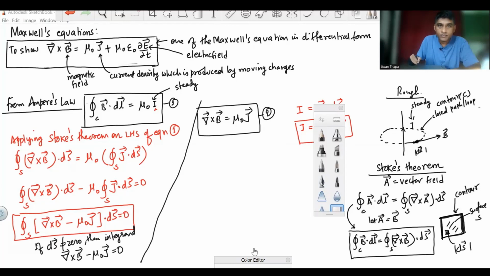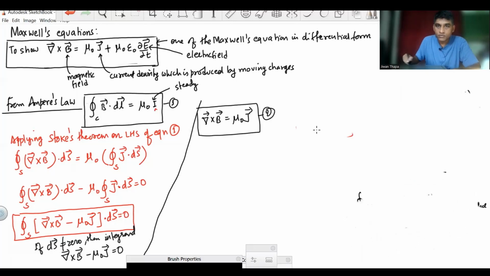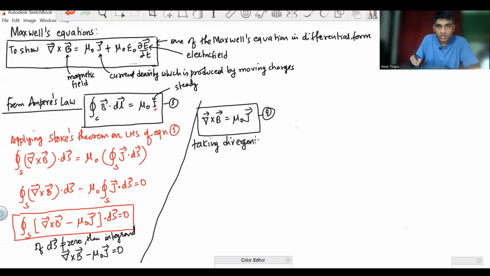So I'm erasing this. Now, taking divergence of equation 2 on both the sides. So we can write in this way.